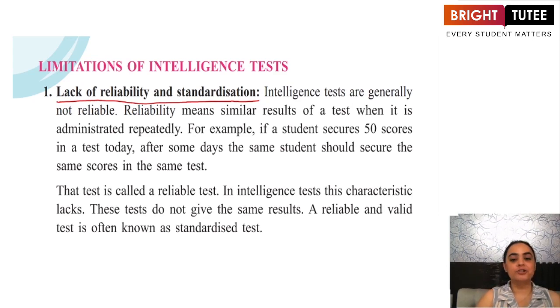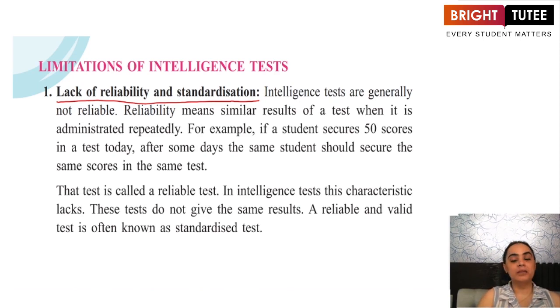Intelligence tests are not reliable. That means that if you keep on taking this test again and again, or if you are not administering the child properly, you cannot get to know the correct score, the correct intelligence quotient of the child. For example, let's say a child ended up scoring 50 marks today.